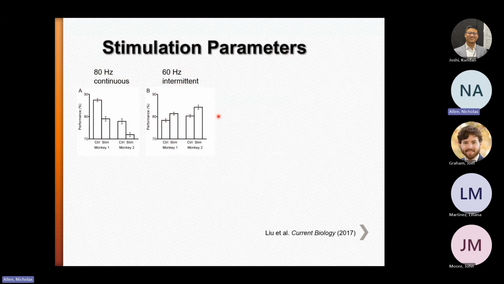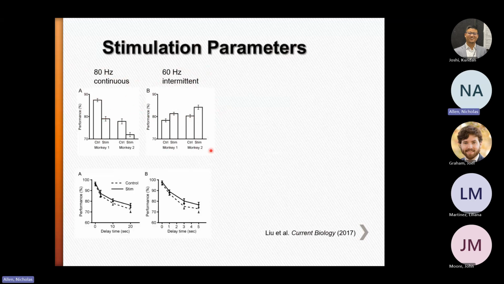This titrates the difference across a range of time intervals, how long these monkeys have to retain this information. The intermittent stimulation in the black line here produced better performance.